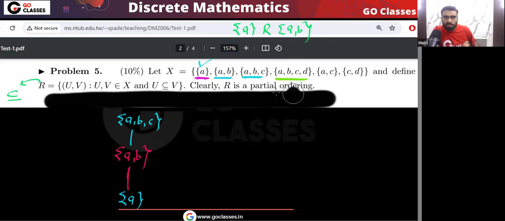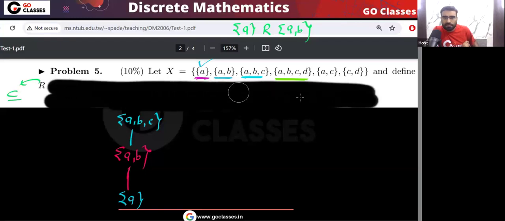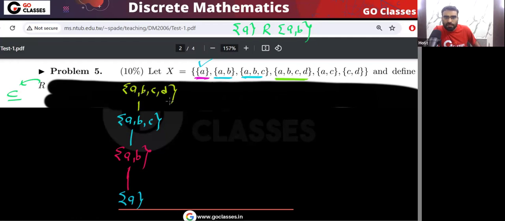So this element is a subset of this element, and this is a subset of this element. So far, everything is good, and these four elements are done.